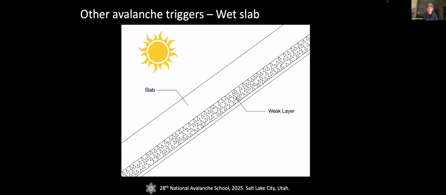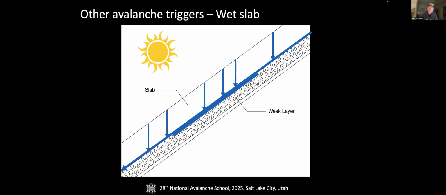And finally, how about wet slabs? Water flows into the snowpack typically along flow channels and then travels down slope along capillary barriers, which is often the interface between the slab and the weak layer. The slab is going to become less stiff as it becomes warmer, so it's going to be able to bend more easily.